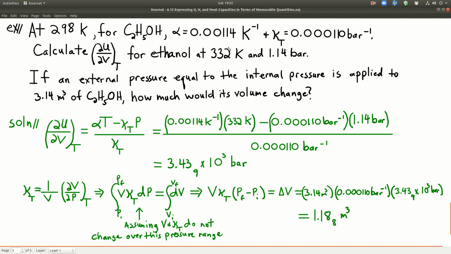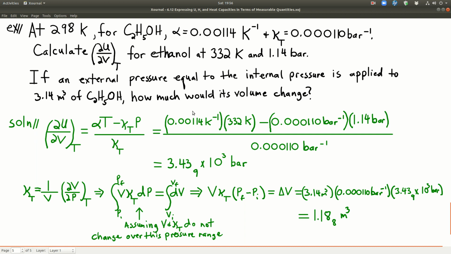And of course, we're assuming that alpha and kappa T don't change from 298 to 332, and that's probably a good assumption. And then next, if an external pressure that's equal to that internal pressure is applied to 3.14 cubic meters of ethanol, how much would its volume change?